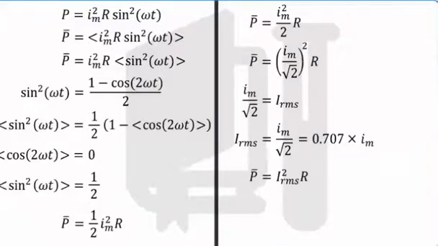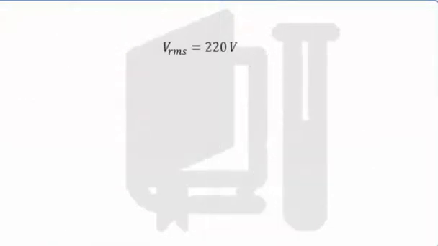Similarly, we can denote the RMS voltage or effective voltage VRMS as Vm by root 2, where Vm is the amplitude of the AC voltage. The value of voltage normally used to describe an AC voltage is an RMS voltage. For example, domestic supply has 220 volts AC.